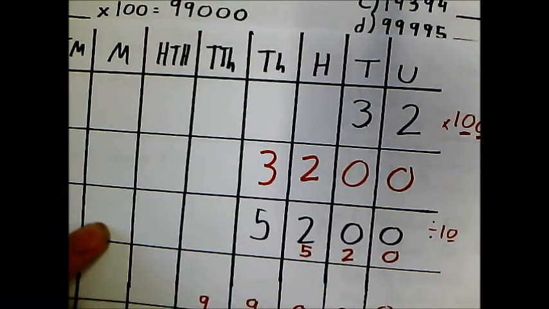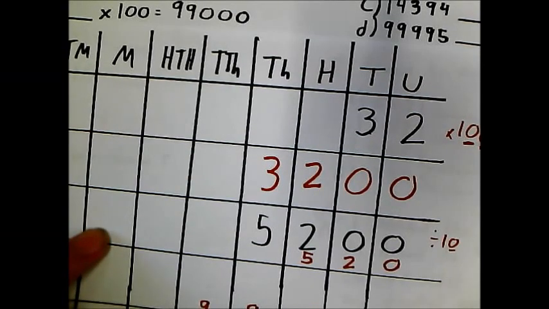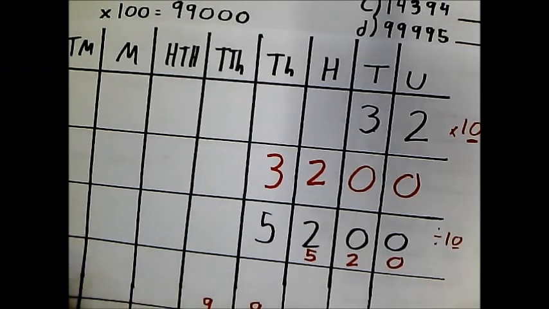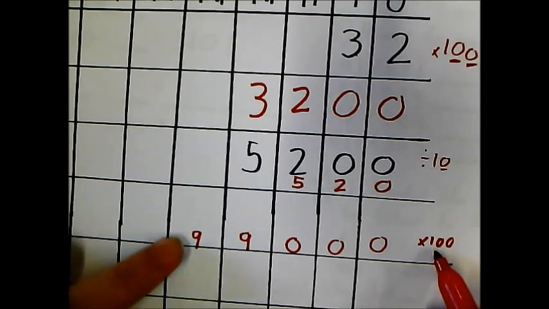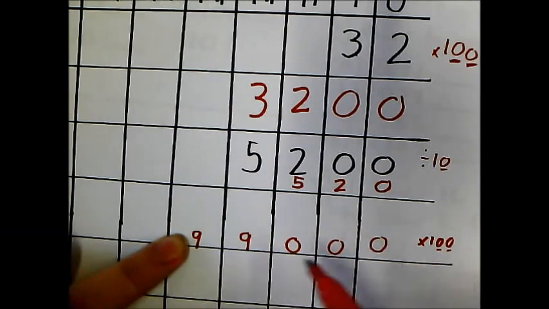So after something's multiplied by 100, it's going to give me this as an answer. So I know that before, my original number moved 2 places. So I'm now going to work backwards and move them back 2 places.